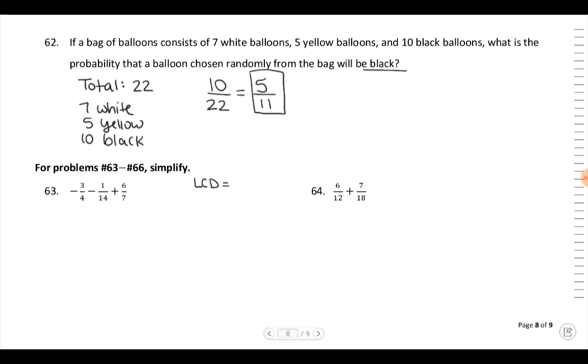Well, I'm looking at 4, 14, and 7. So I need to know what is the least common multiple of those 3 numbers. You can start by listing out the multiples if you like, but I think the easiest way is to write out your prime factorization. So 4 you can write as 2 times 2, 14 is 2 times 7, and 7 is just 7.